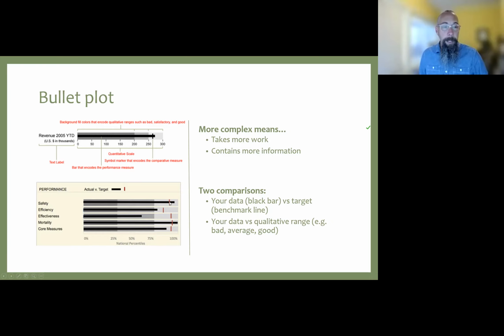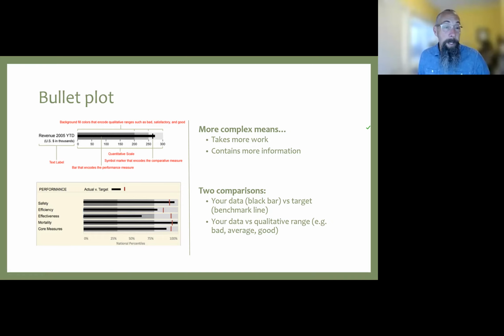The red lines are the target. In the case of this top one, there's a single target. In the case of this bottom one, there's a different target for each performance indicator. And so you can see for each indicator whether the actual value has not met, or has met and exceeded, the target.